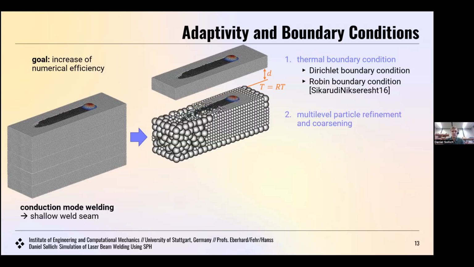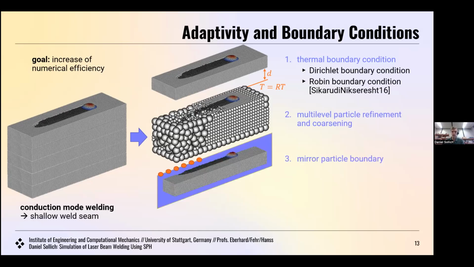The second thing is to apply multi-level particle refinement and coarsening. So basically we can dynamically split and merge particles during the simulation in order to ensure a fine particle resolution in areas of interest. The third thing is that we can also use a symmetric boundary condition.